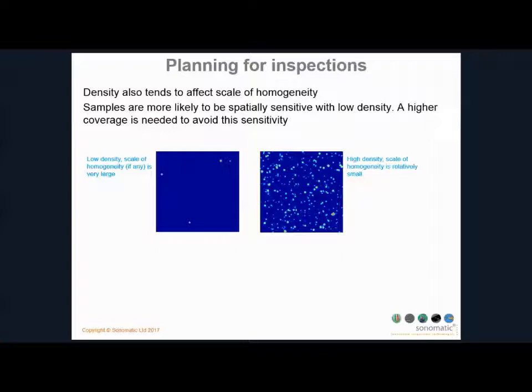Whereas if you look at the graphic on the left, where there's just a small number of corrosion points, in this case even taking that full area wouldn't necessarily guarantee that if we were to take another area outside of this, we're going to see something that looks fairly similar. So where you've got low density, in order to ensure homogeneity within the total sample, you have to take a much larger coverage.